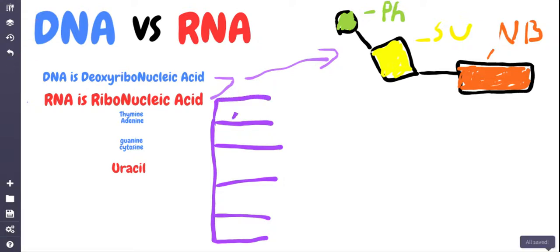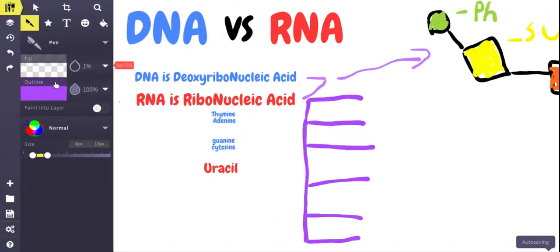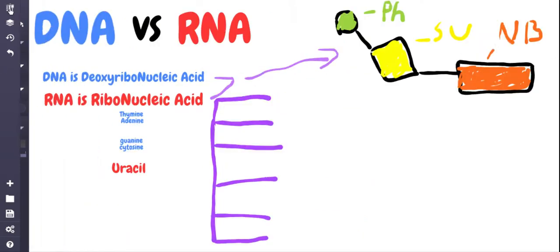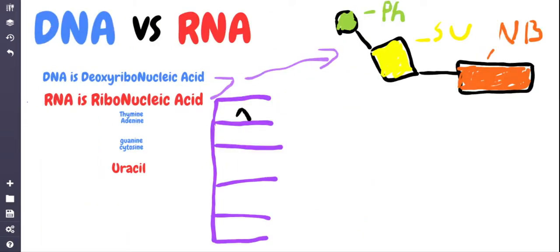So the first letter is A for iodine, and I put C, T, T, G.